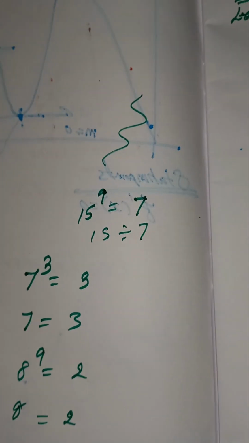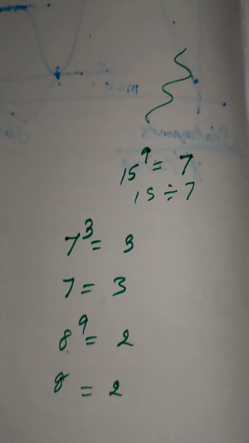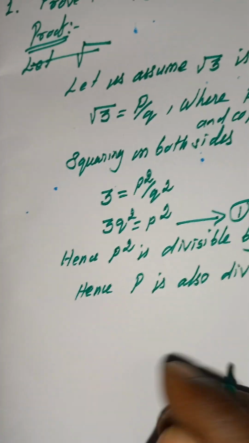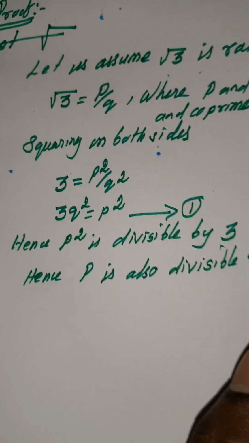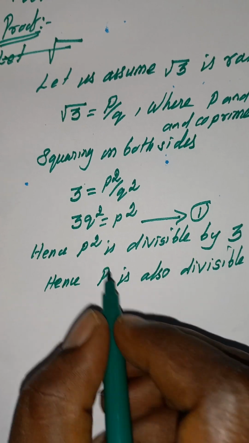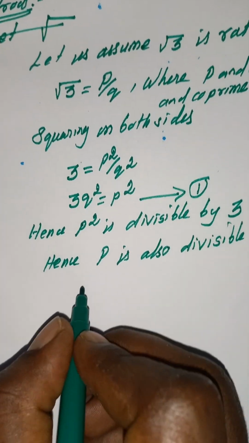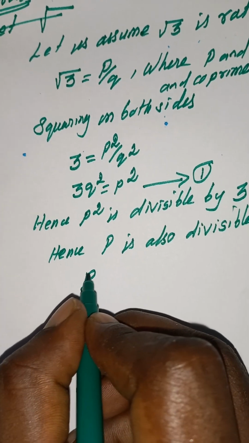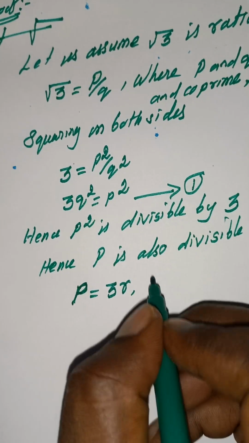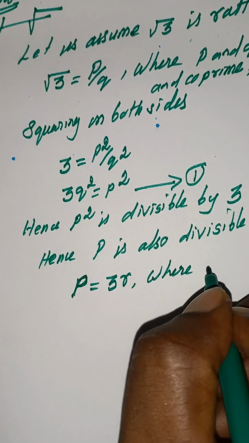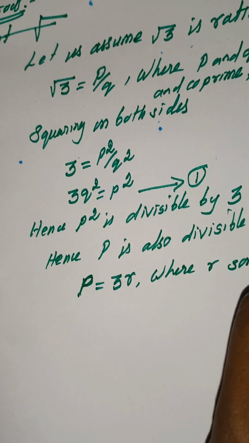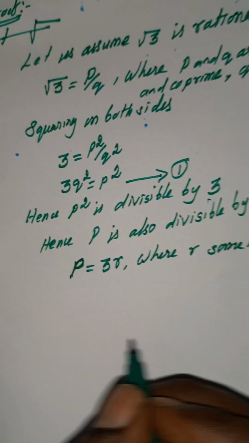It is the fundamental theorem of arithmetic: apart from order, the prime factors should be the same. So using that, p square is divisible by 3 means p is also divisible by 3. Because p is divisible by 3, we can write p equal to 3r, where r is some integer.